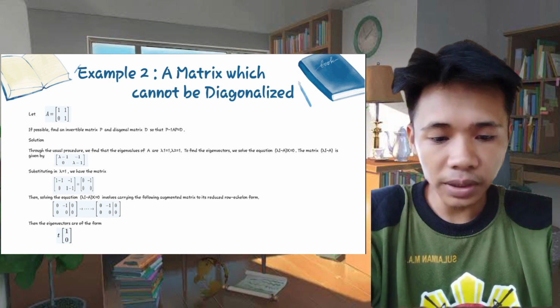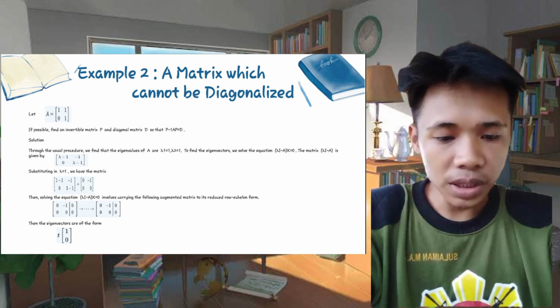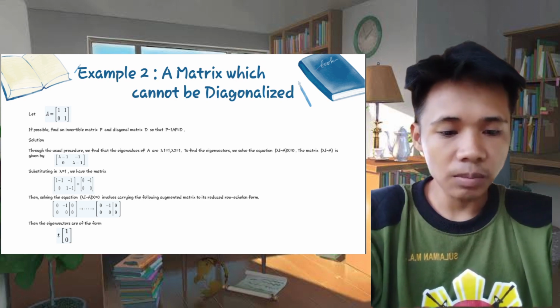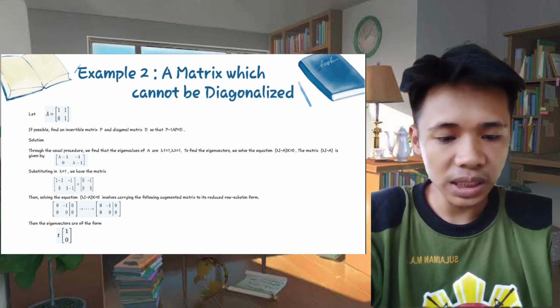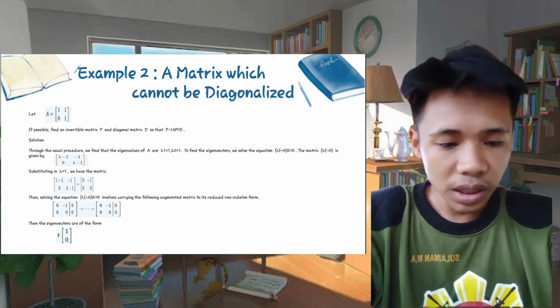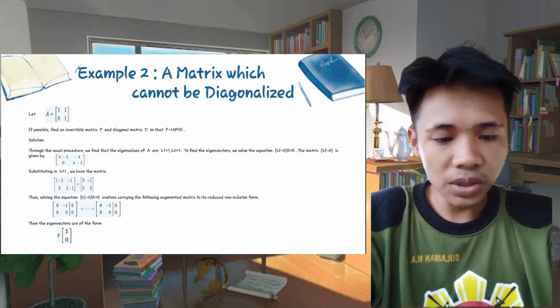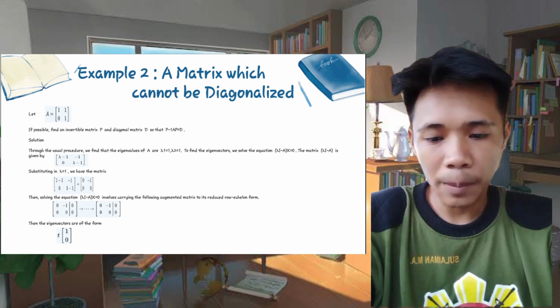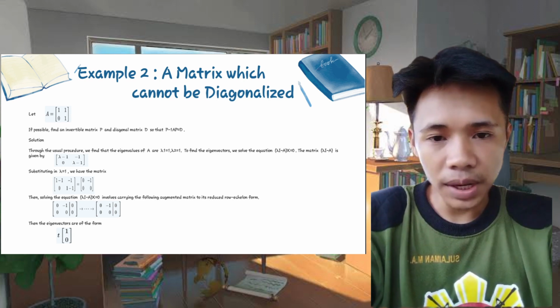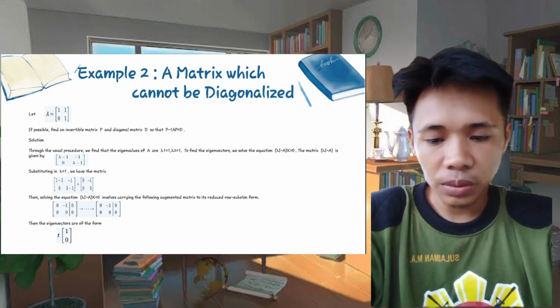To find eigenvectors, we solve the equation (lambda I minus A) times X is equal to 0. The matrix lambda I minus A is given by row 1: lambda minus 1, negative 1, row 2: 0, lambda minus 1.